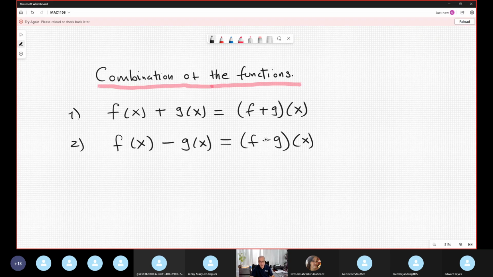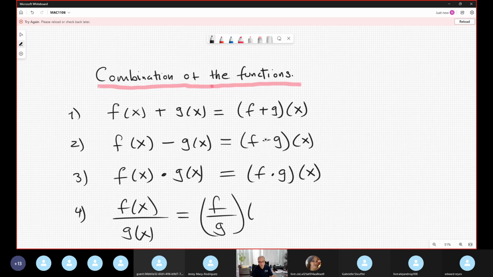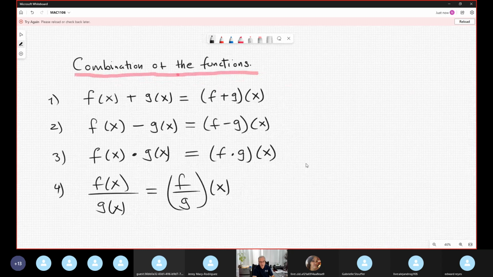Not necessarily you can interchange, of course. Multiplication is f times g of x. And finally, division. This is symbolic. In the test, you can see this way or this way. So the first way is the explicit, and another is symbolic.